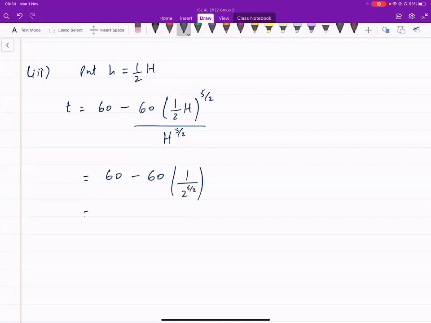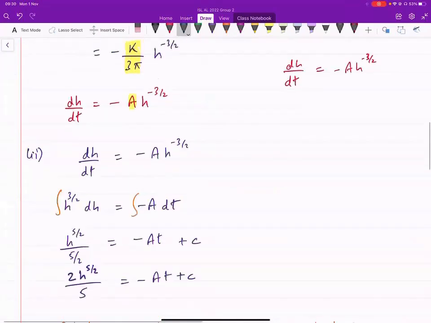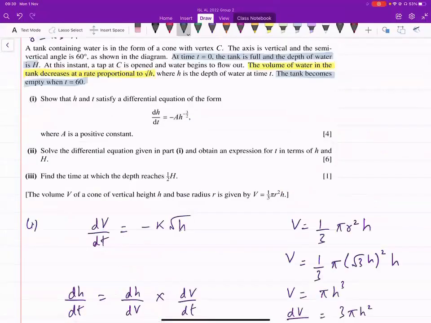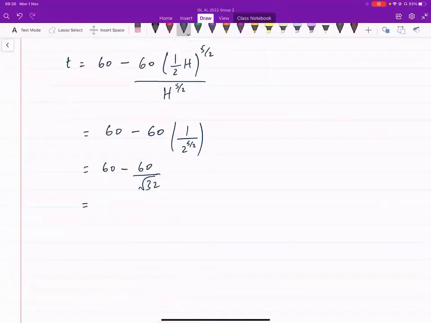ठीक है, इसका evaluate कर लेंगे. 2 raised to power 5 over 2, what's that? Square root of 32? And then you can just write it in decimals if you want. You can write the exact value, whatever you want. That's fine. Time find करना है आपको. इसको आप directly calculator में input कर दें, देख लें कुछ simplified form आती है, वो डाल दें.